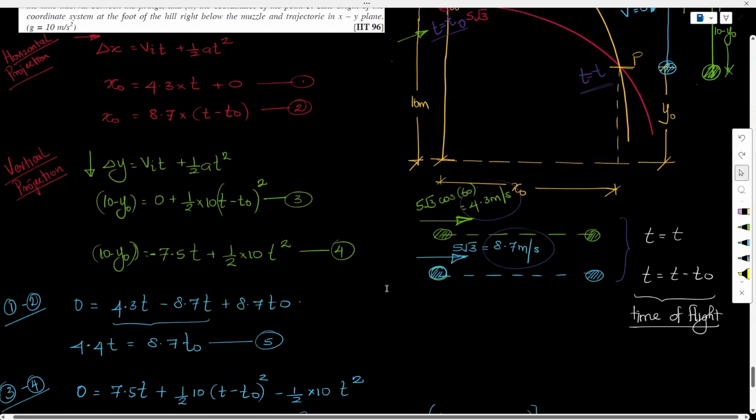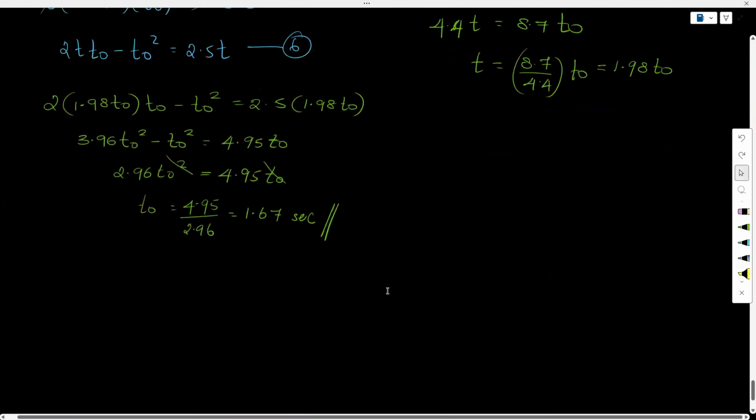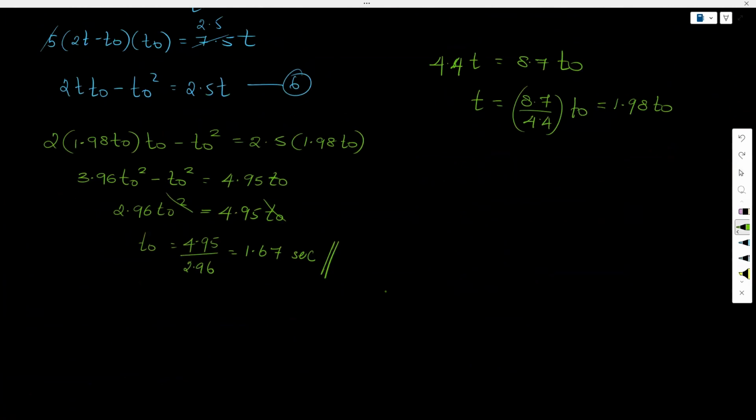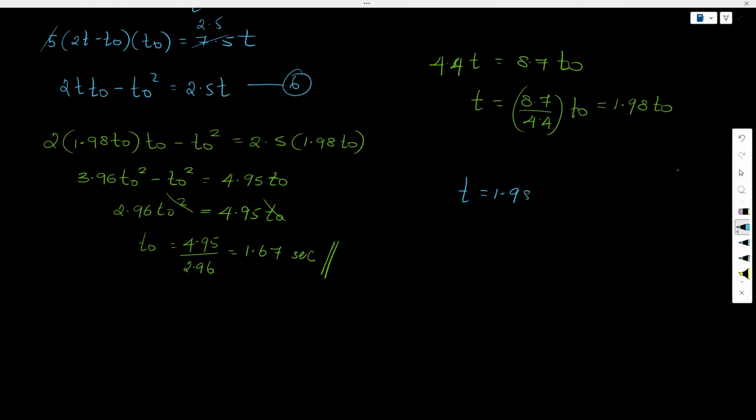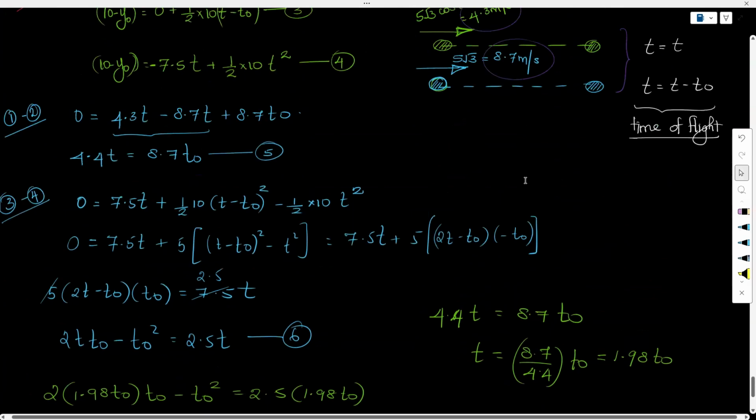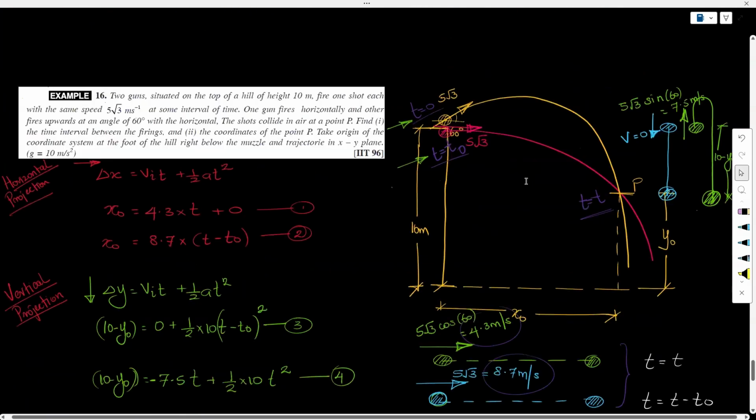So let's find x0. We have the first equation, which is x0 equals 4.3t. Using this t0, we can find what t is. t is 1.98 t0, so this entire thing times 1.98 is 3.3 seconds. So the total time of flight for the first particle is 3.3 seconds.